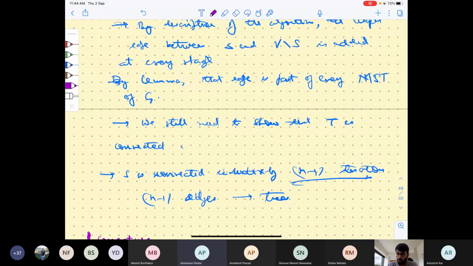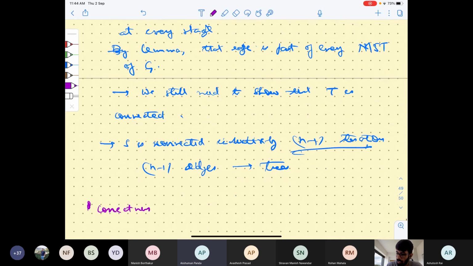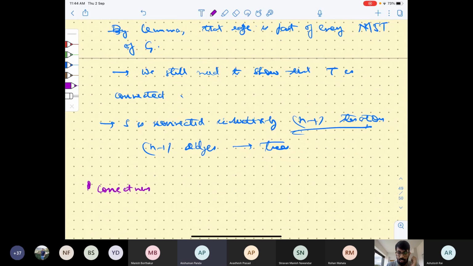Again, you don't really need to go through induction for this. There is another more direct way: since the algorithm goes for n-1 iterations, it adds n-1 edges and has no cycle by induction on the iterations.